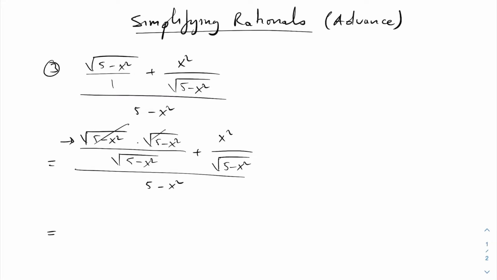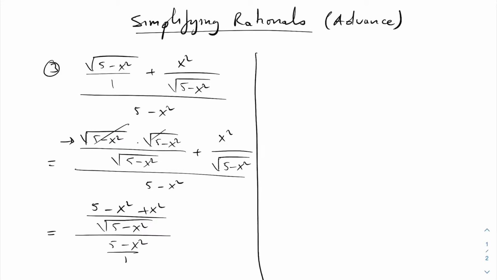And so we're going to have 5 minus x squared plus x squared divided by the square root of 5 minus x squared, all divided by 5 minus x squared divided by 1, because technically this is a fraction with a denominator of 1.